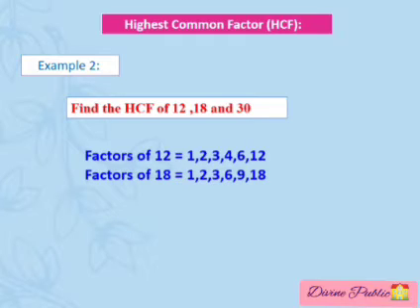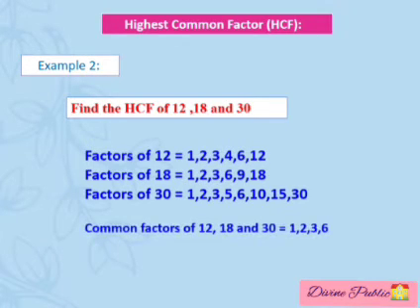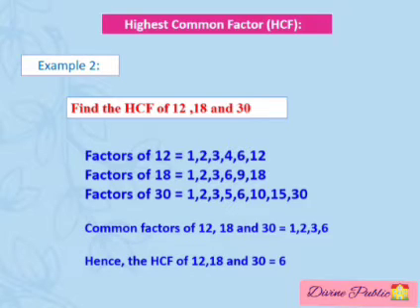Factors of 18 equal 1, 2, 3, 6, 9 and 18 and factors of 30 equal 1, 2, 3, 5, 6, 10, 15 and 30. Then common factors of 12, 18 and 30 are 1, 2, 3 and 6. Hence, the HCF of 12, 18 and 30 is equal to 6.